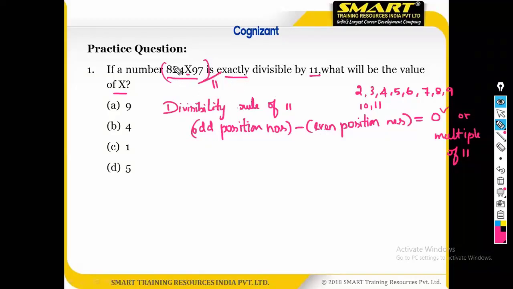So guys, shall we take the odd position numbers? It is 8 plus 4 plus 9, right? So I sum up the odd position numbers minus the even position numbers, 2 plus x plus 7. This must be 0 or a multiple of 11.